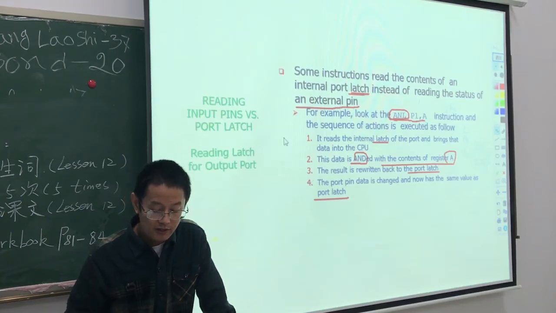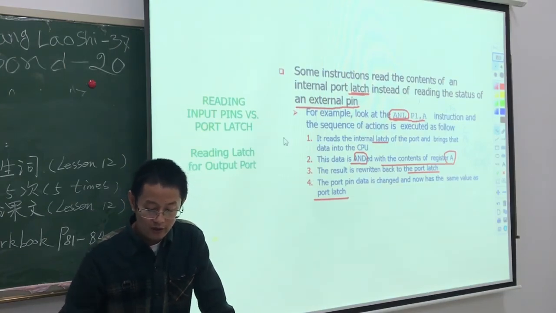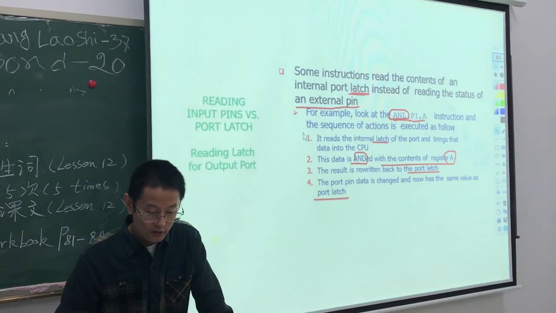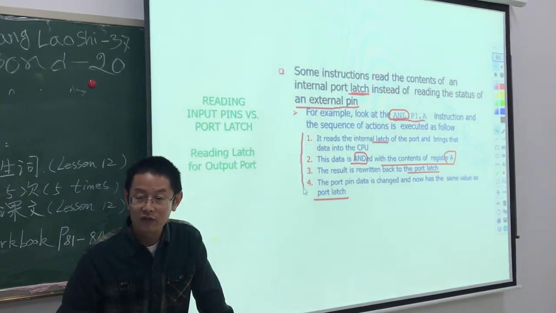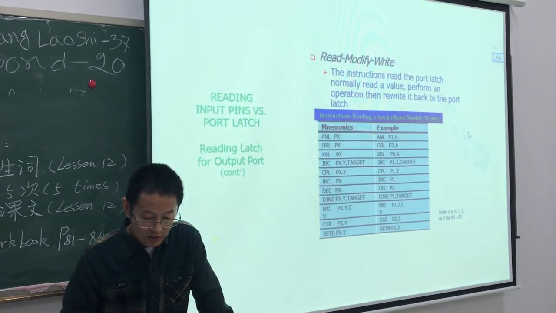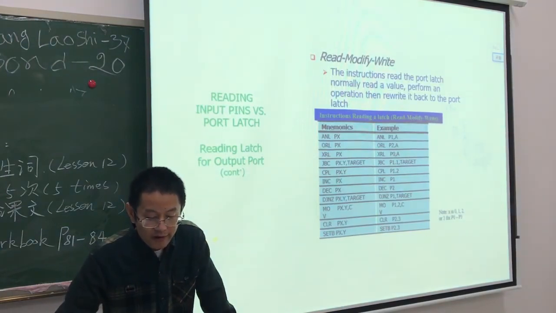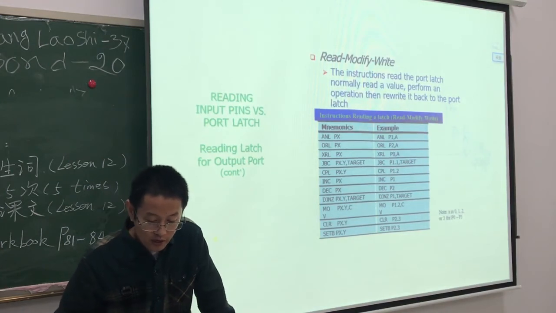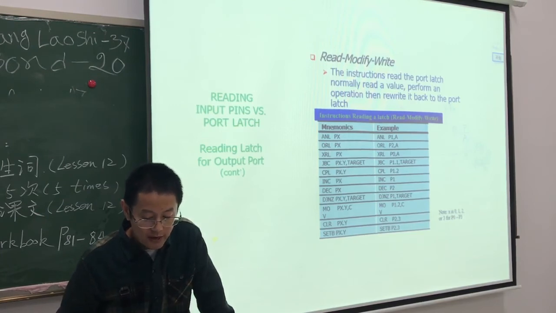Actually, the microcontroller executes it in four steps. Read, modify, and write. The instruction reads the port latch, normally reads a value, performs an operation, then rewrites it back to the port latch.